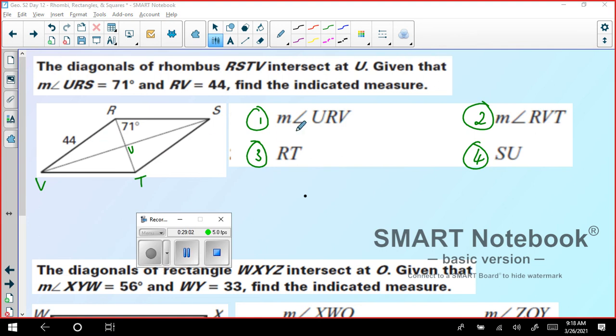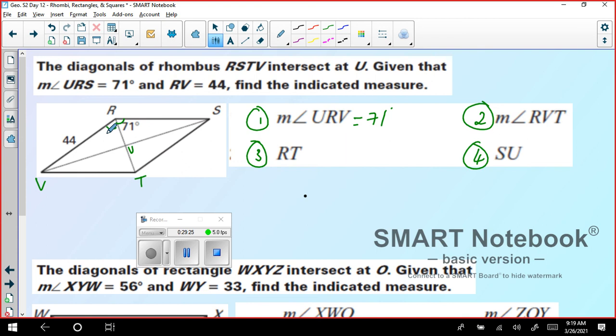We have the measure of angle URV to be found. In case of a rhombus, the diagonals bisect the angles, which means this angle is congruent to this particular angle. If angle URS is 71, then URV or VRU is also 71 degrees.